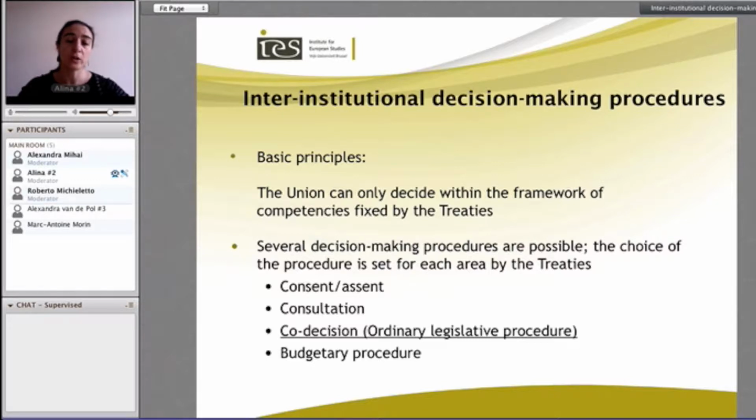This means that we can only have a legal act if the European Parliament gives its consent, but this is basically a one-reading procedure. This means that the Parliament can either say yes or no to the legislative proposals. So if they adopt it, we have a legally binding act, but if they reject it, there is no act that comes into being.